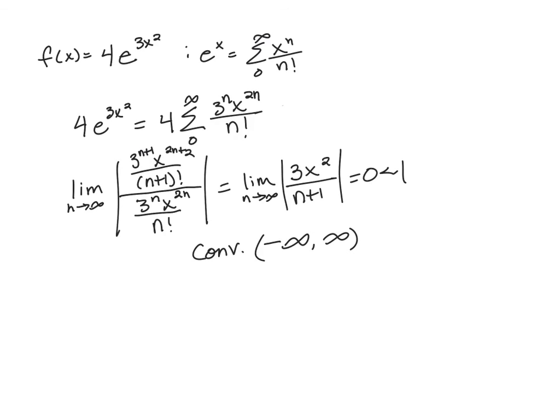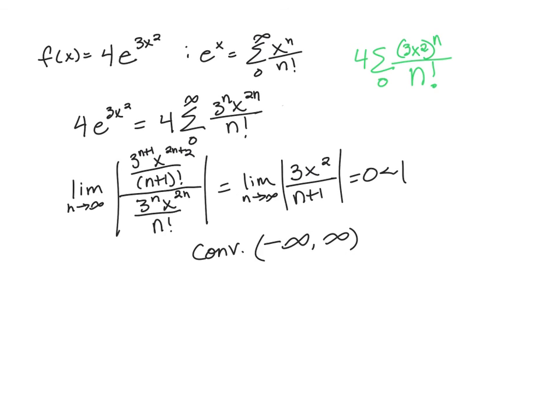We've got 4 times the sum from 0 of something to the n over n factorial, and the something that we have is 3x squared. So we're going to end up with the 3 raised to the nth power, and the x squared raised to the nth power. That gives us x to the 2n.